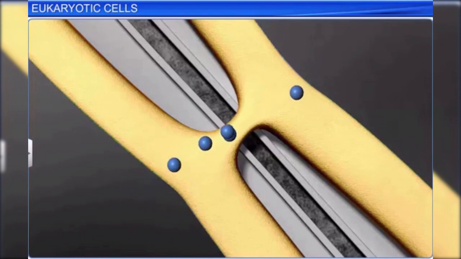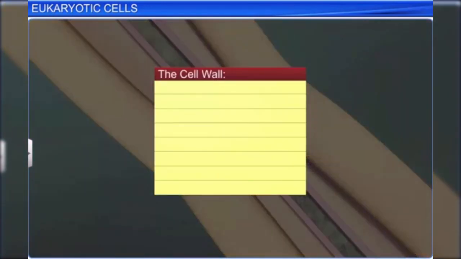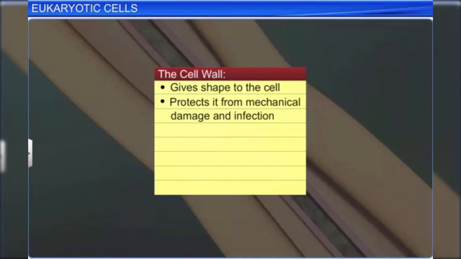The cell wall is an important part of the cell as it lends shape to the cell, protects it from mechanical damage and infection, prevents the entry of undesirable macromolecules such as nucleic acids and also aids in cell-to-cell interaction.